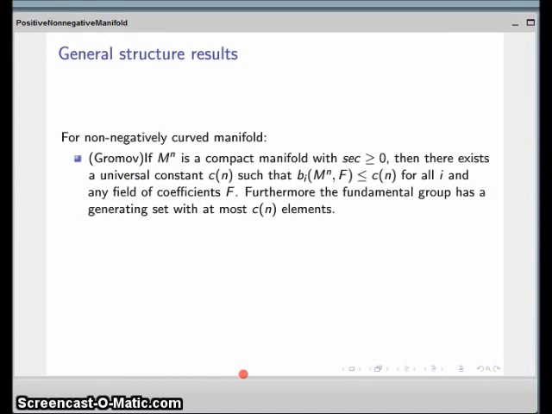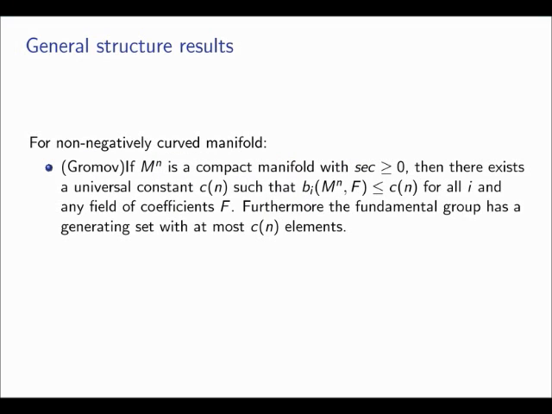So the theorem by Gromov says that if you have non-negative sectional curvature, which is a condition weaker than positive, then the topology is quite simple, because the Betti number tells you that if it is large, the topology is complicated.